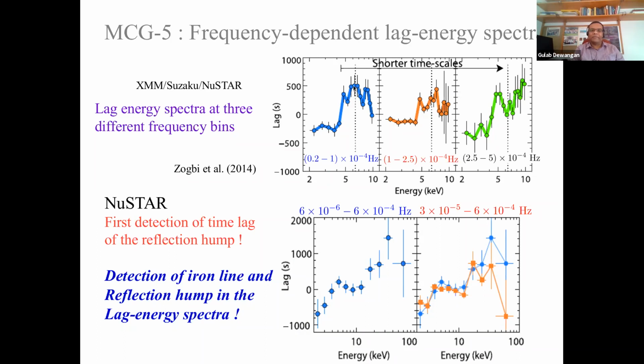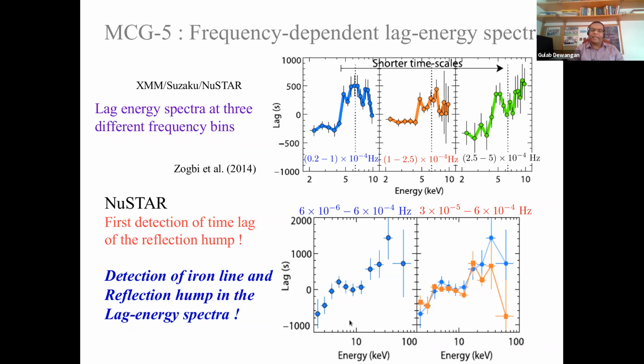That means the photons at 6 keV are actually lagging behind the full band, which is dominated by the continuum. And if you also look at it as a function of temporal frequency, that is the variability time scale, for the fastest or most rapid variability, here you see the iron K-like line kind of feature. So this is again a clear signature of the iron K reverberation lag.